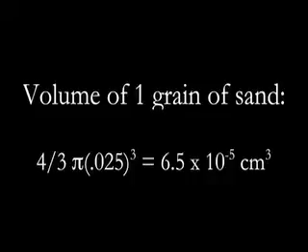Let's calculate the volume of 1 grain of sand. 4/3 times pi times 0.025 cubed gives us 6.5 times 10 to the negative 5th centimeters cubed. If one can has 237 centimeters cubed, how many grains of sand are there in one Spam can of sand?